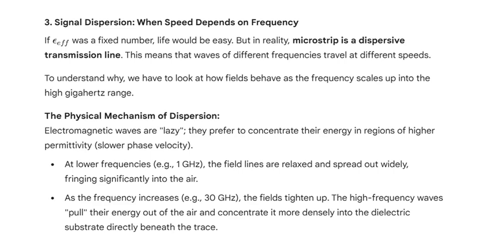Electromagnetic waves are lazy. They prefer to concentrate their energy in regions of higher permittivity, slower phase velocity. At lower frequencies, e.g. 1 GHz, the field lines are relaxed and spread out widely, fringing significantly into the air. As the frequency increases, e.g. 30 GHz, the fields tighten up. The high-frequency waves pull their energy out of the air and concentrate it more densely into the dielectric substrate directly beneath the trace.